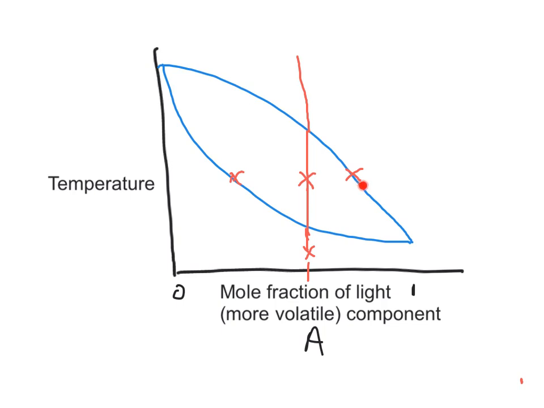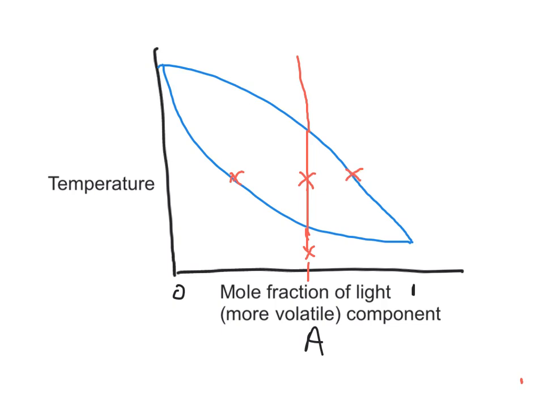So this tells us the mole fraction of A in the vapor phase. This tells us the mole fraction of A in the liquid phase. The overall concentration, if you were to take the vapor and liquid all combined, would be this mole fraction of A, but the actual individual components for the two phases are on the saturated liquid and the saturated vapor line.